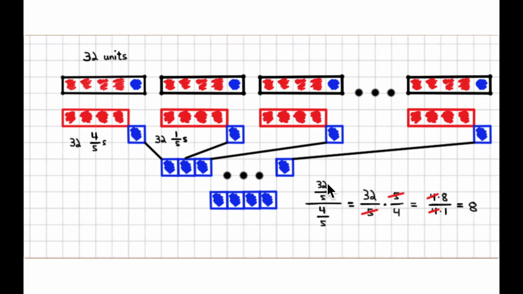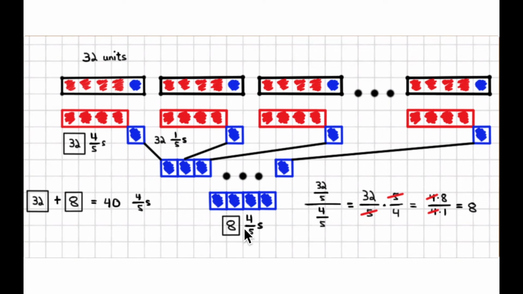Well, I have 32 of these things called fifths, and I'm going to divide that 32 fifths by 4 of these same things called fifths. Well, that's just 32 divided by 4. This 32 divided by this 4 is equal to 8. So now I have 8 4/5, and I already had 32 4/5. And so combined, how many total 4/5 are there? There are 40 of them.